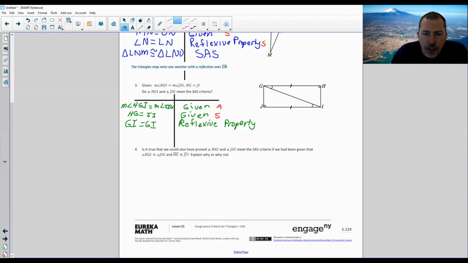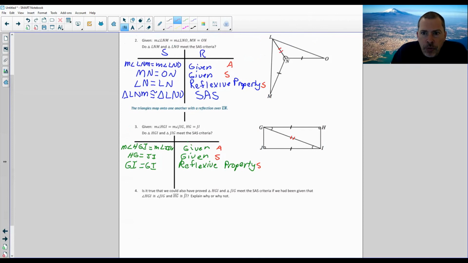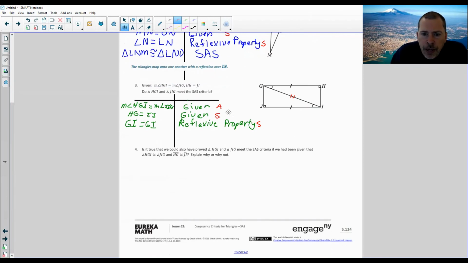What happened here? We know that two sides are congruent. And the angle, so they're congruent to each other. So I should have marked that on the last one as well. So let me go up and do that. I should put congruent marks there. It's congruent to itself. Okay, so we have an angle that's included in between the two sides. So it's a given, it's an included angle.